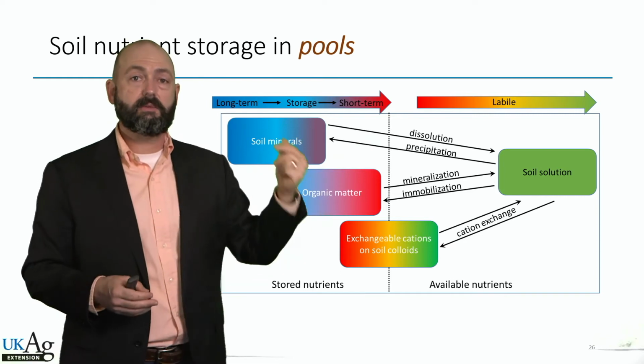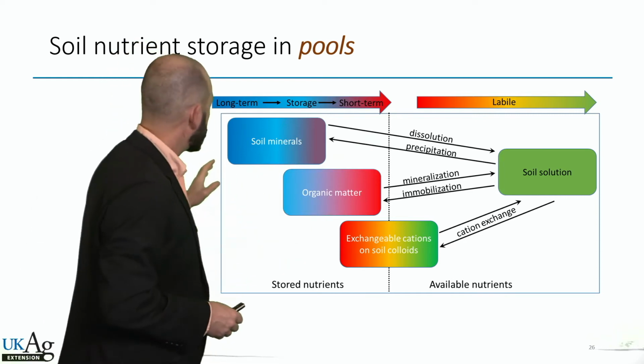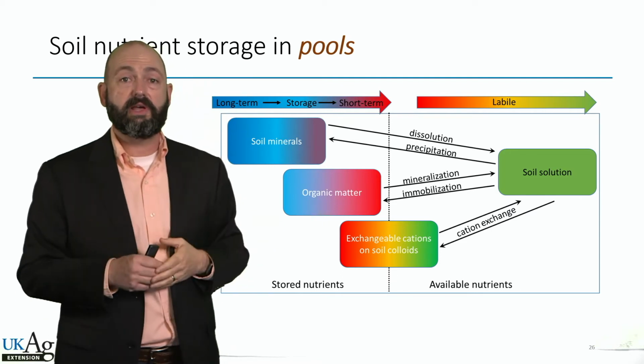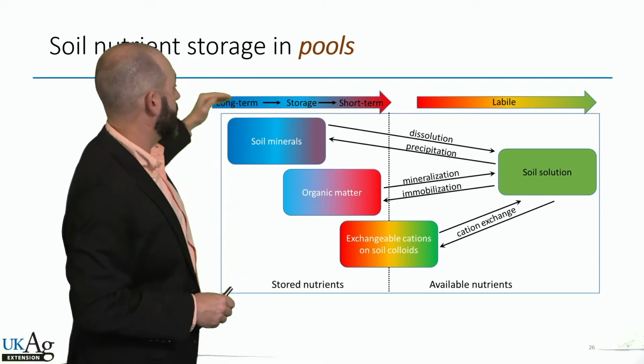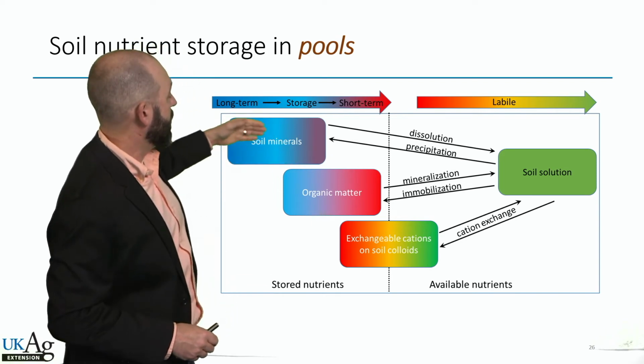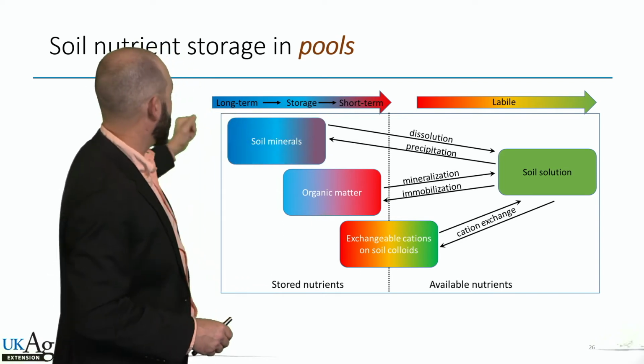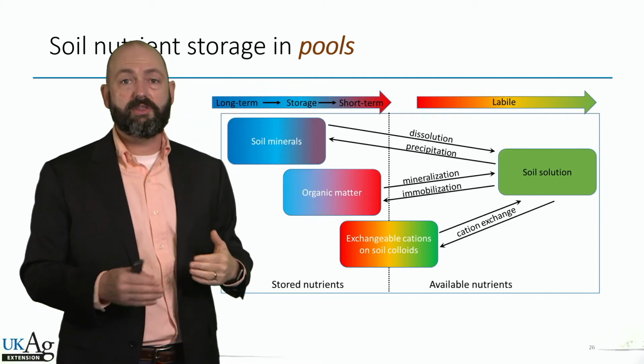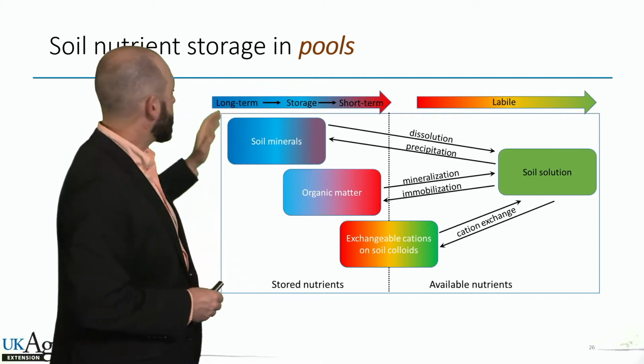And so as the plant takes up nutrients out of the soil solution, some of this exchangeable nutrient comes off and goes into the solution to kind of backfill and be available for the plants. But these are different kind of discrete pools, and you have this mineralization from the organic matter or dissolution from that mineral portion of the soil. And this happens at different time periods.